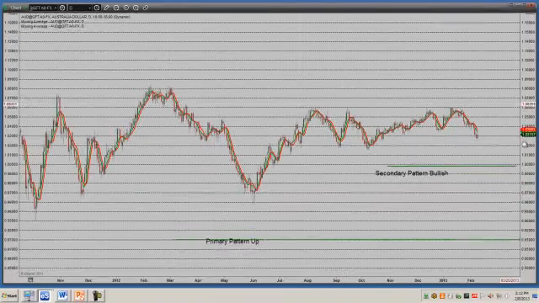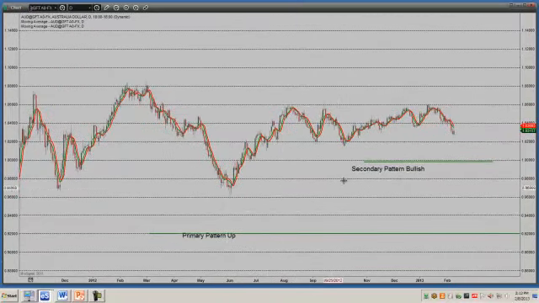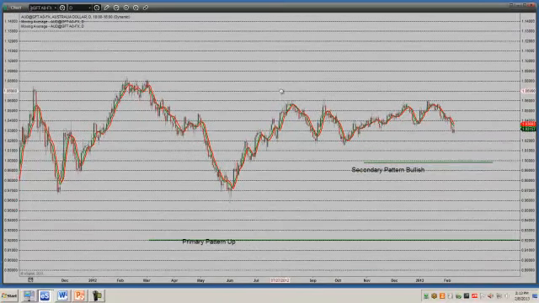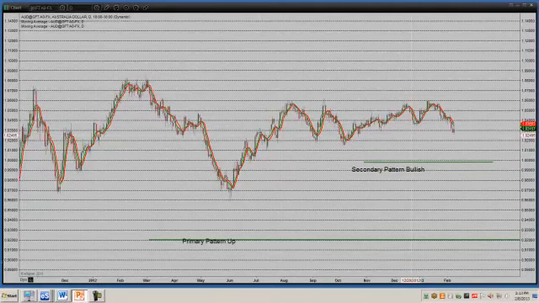So we can see that our primary pattern is bullish and our secondary pattern is also bullish. So let's plug that into the ratio so we can keep track of this.